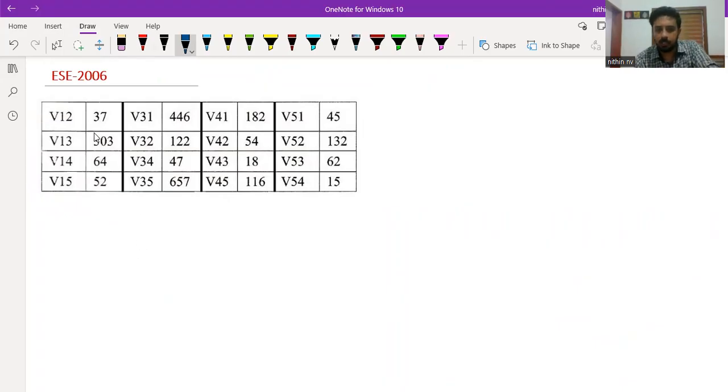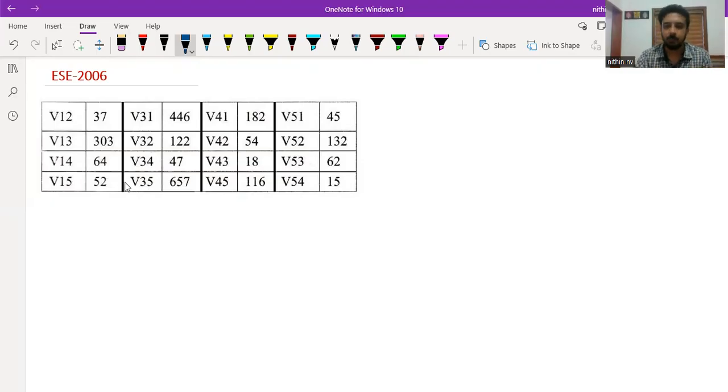See here, one thing you have to notice: 1 to 2, 1 to 3, 1 to 4, 1 to 5, like that they have given, right? You cannot see any data here for V21, 2-3, 2-4, 2-5, like that. They have not given that. Why have they not given it? Because it is not needed.